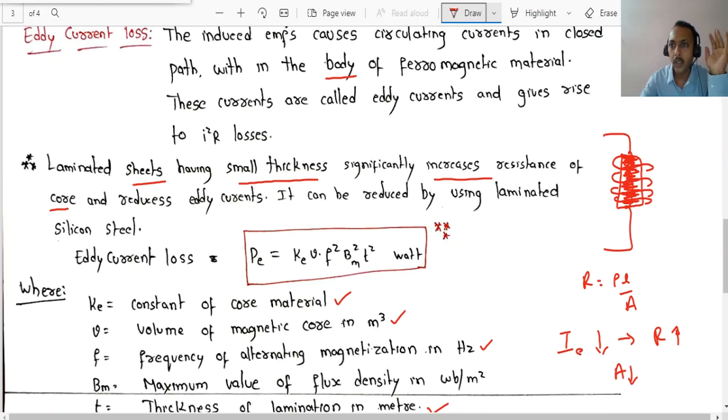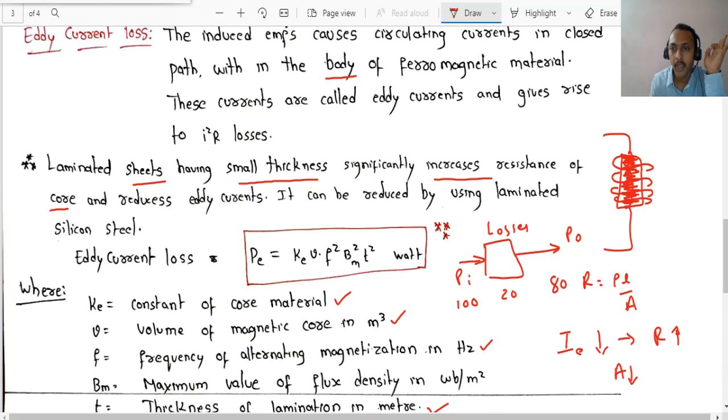So once the losses are minimized, for example, some input power is given, so here there are some losses, and power input minus losses, that one only will be available as output. For example, if you are giving 100 as an input, if the losses are 20, only 80 watts will be available. If the losses are 40, 100 minus 40, only 60 will be available. If you calculate the efficiency, eta equal to output power by input power, if the output is less, the efficiency will be less.